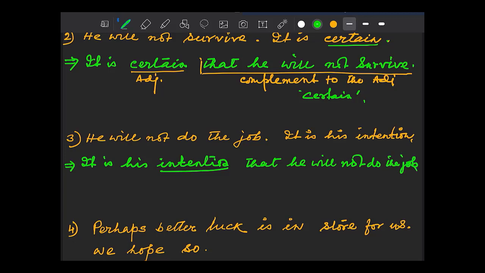He will not do the job. It is his intention. This one is the noun, and this one, you know, apposition to the noun.